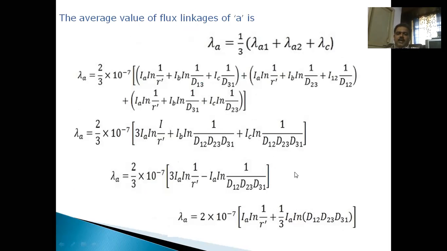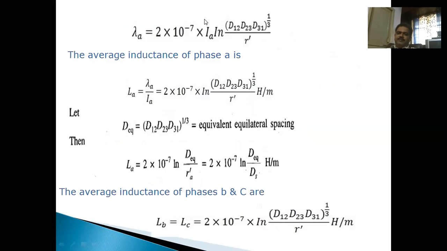So A log x is equal to log x to the power of A. So using the same formula, this 1 by 3 can be taken as the power of this term. So writing that in this fashion, average flux linkage is equal to 2 into 10 to the power of minus 3 into IA ln of D12, D23, D31 to the power of 1 by 3 whole divided by R dash. So all this is simplified expression.